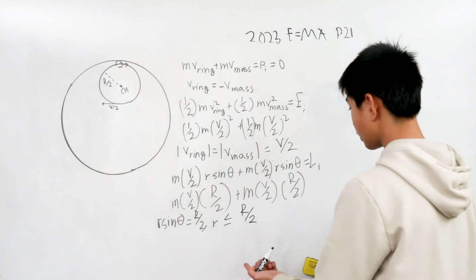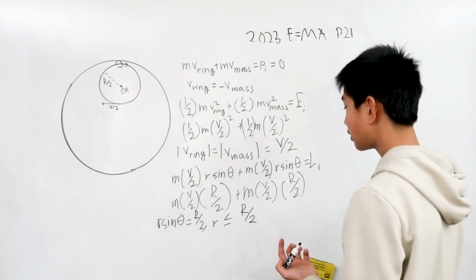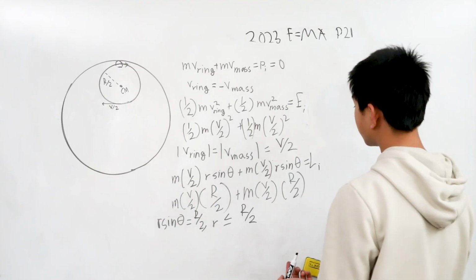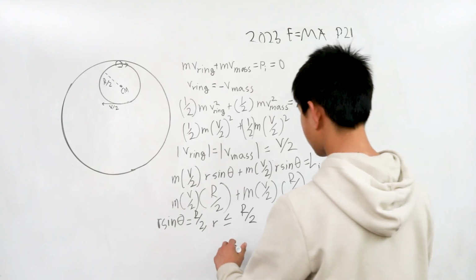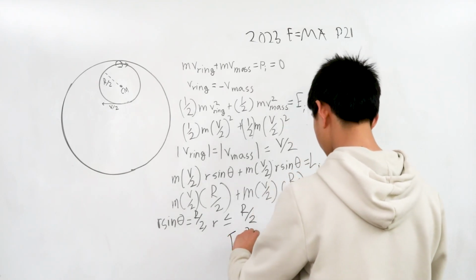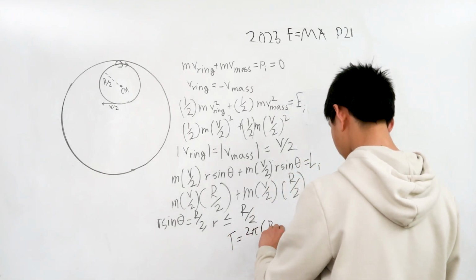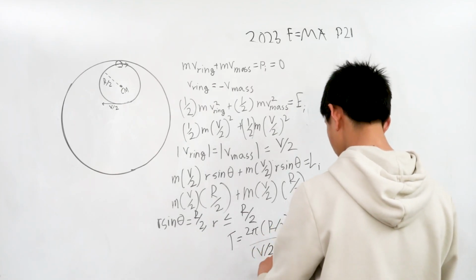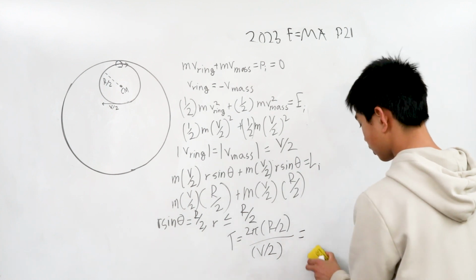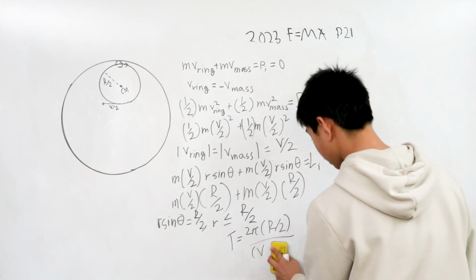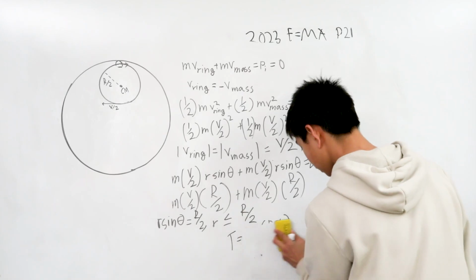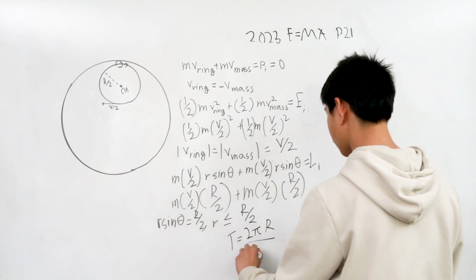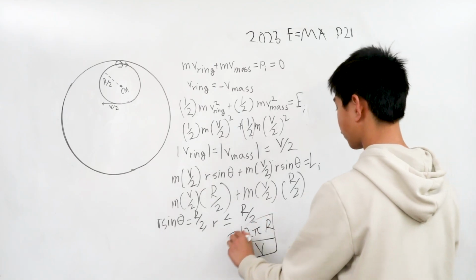So for all the values here, we have to choose it to be equal because that's the greatest value. So therefore, we can denote our time equation as 2 pi times r over 2 divided by v over 2, which simply becomes 2 pi r over v, our time for this problem.